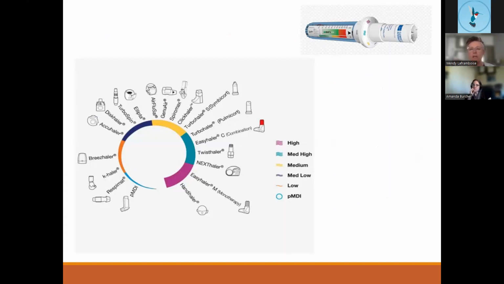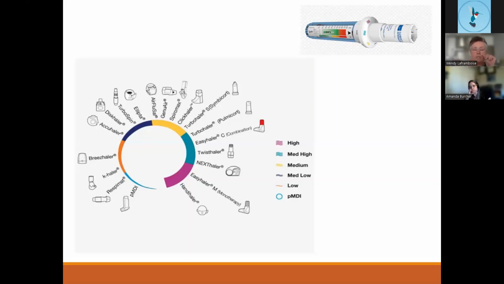So this device, we're not using it since COVID, but it has a disposable filter, so it can be used for multiple patients with a disposable filter. And essentially you get a patient to take a deep breath using the device, and depending where on the scale the needle lands will determine what puffer is best for the patient based on their inspiratory effort.